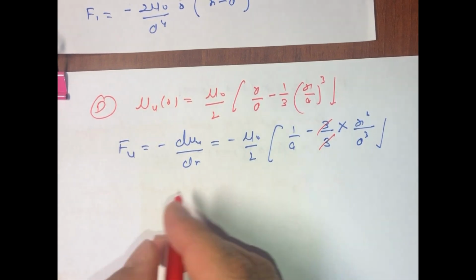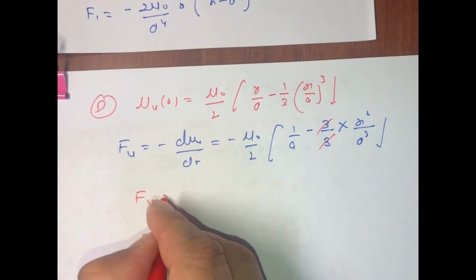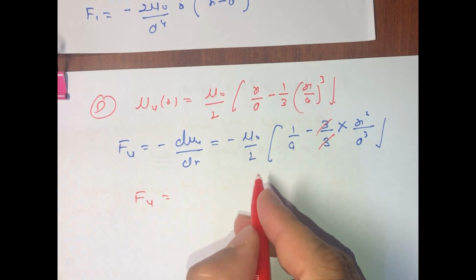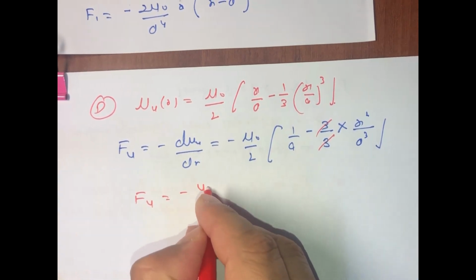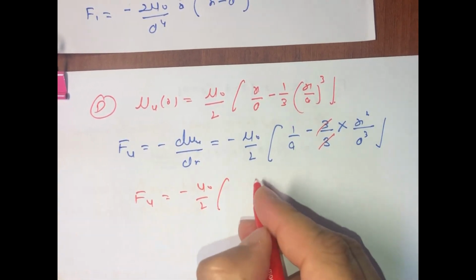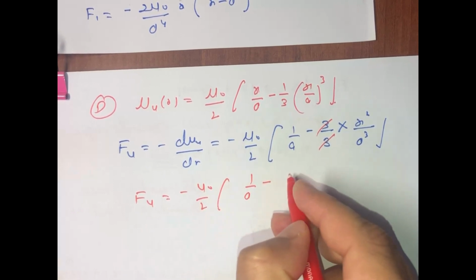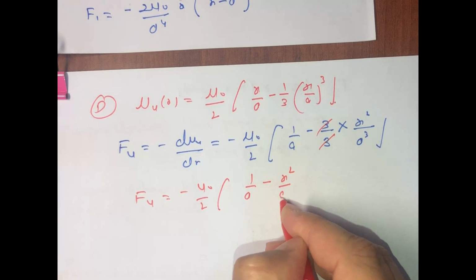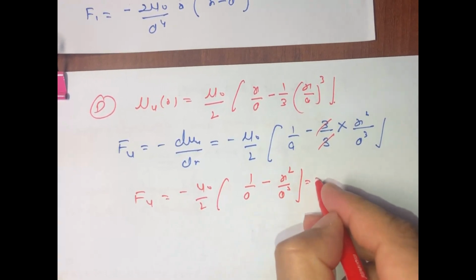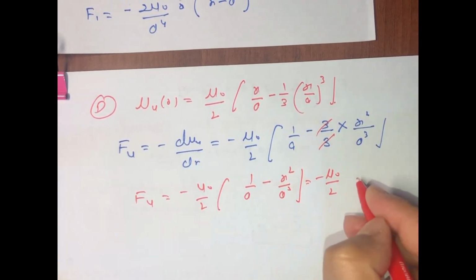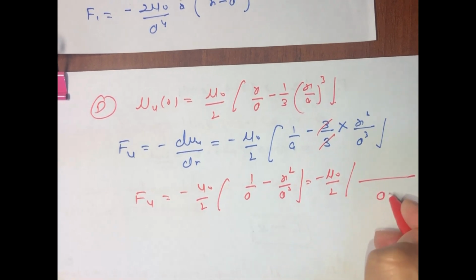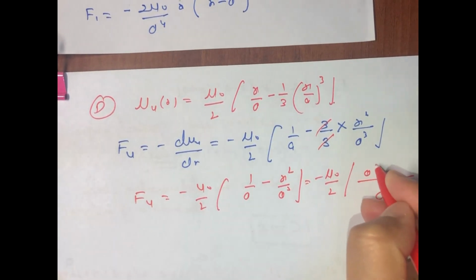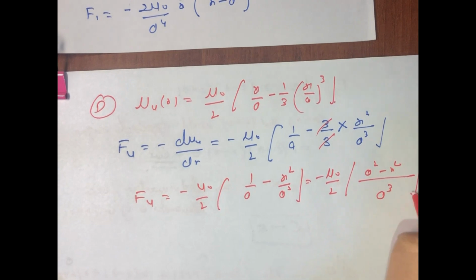You can say that our F4 will be equal to minus u naught upon 2, this is equal to 1 upon a minus x square upon a cube. Taking a cube as LCM, we get this a square minus x square.